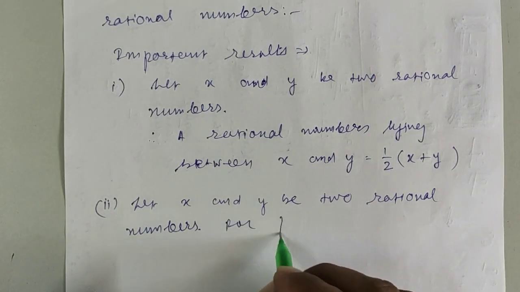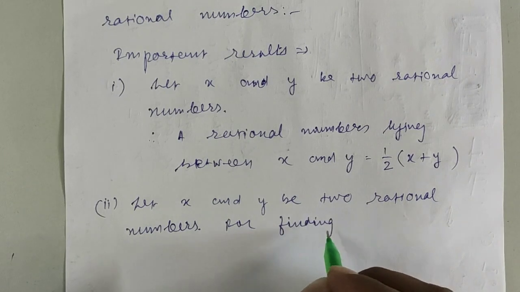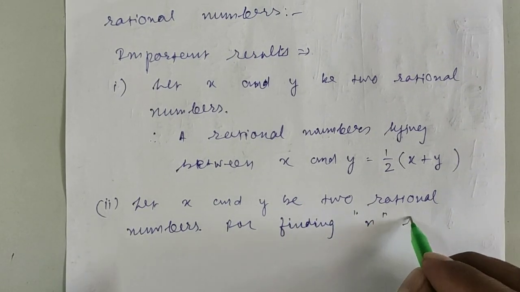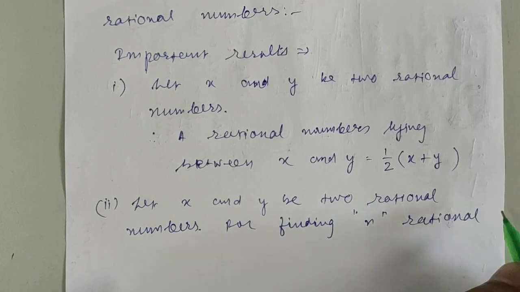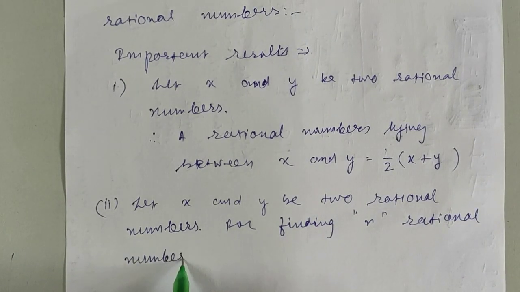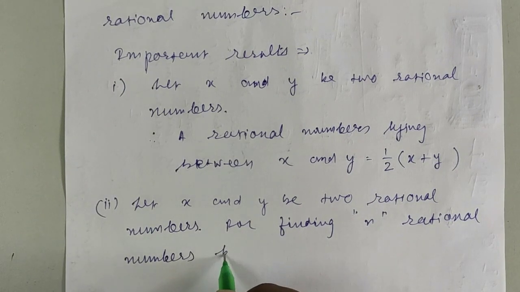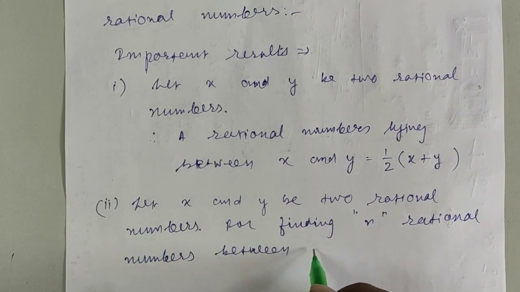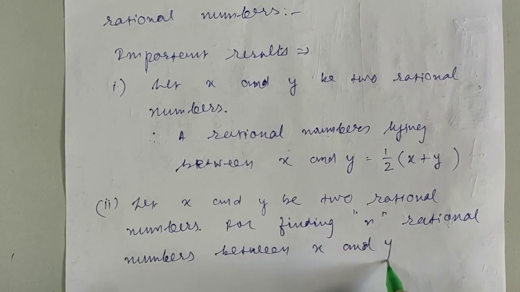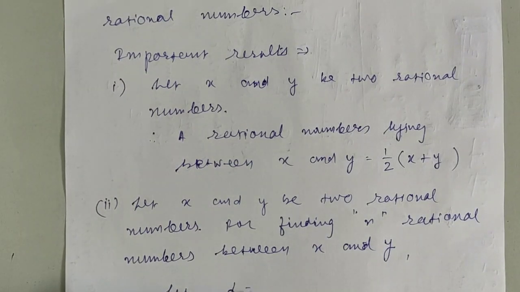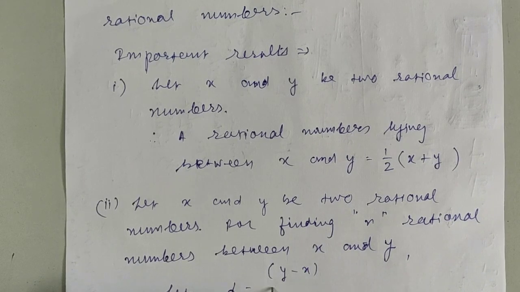For finding n rational numbers between x and y, let small d equal (y minus x) divided by (n plus 1), where x and y are any two rational numbers and n is the number of rational numbers between x and y.